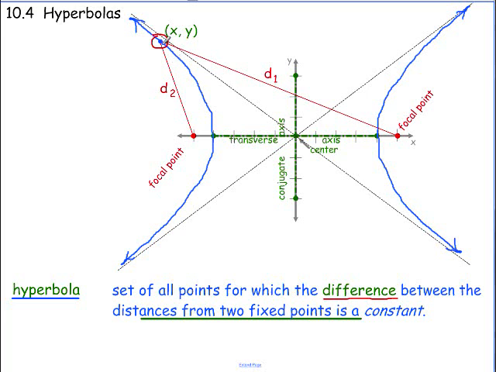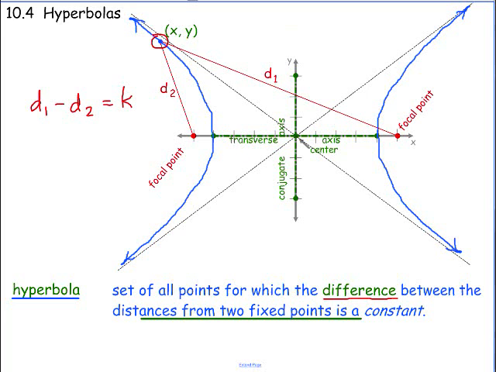In this case, for this point, the longer distance, d1, minus the shorter distance, equals some constant number.